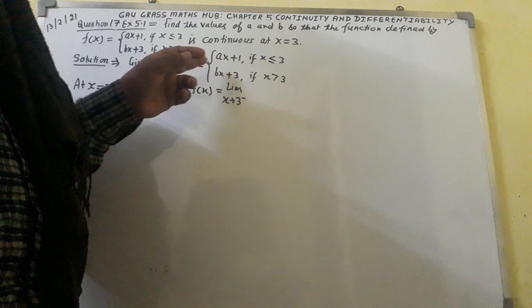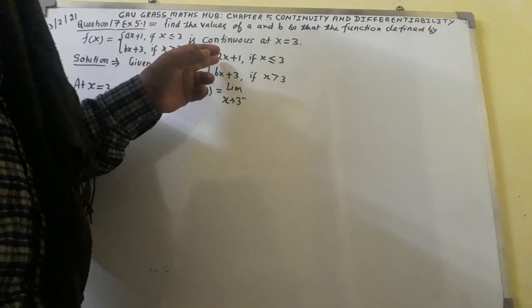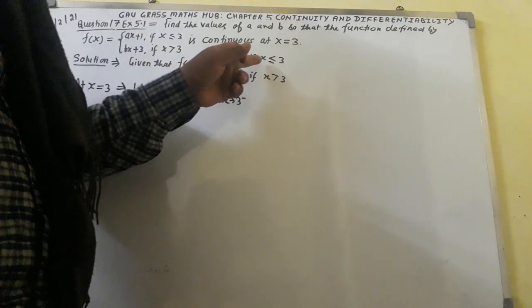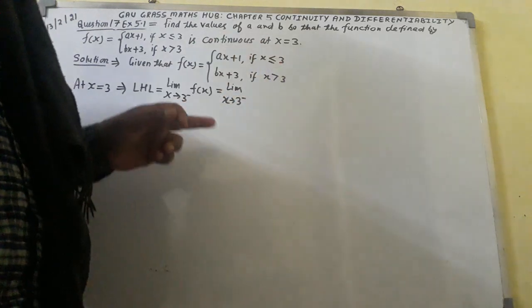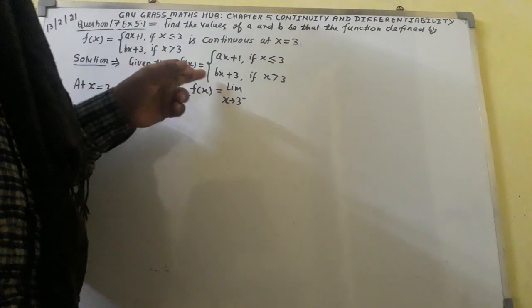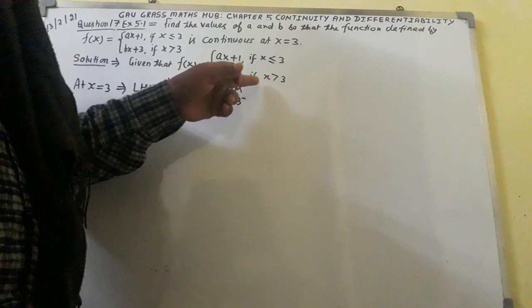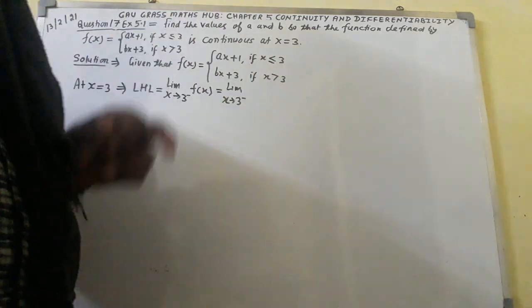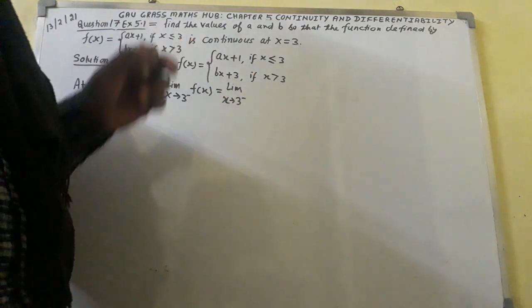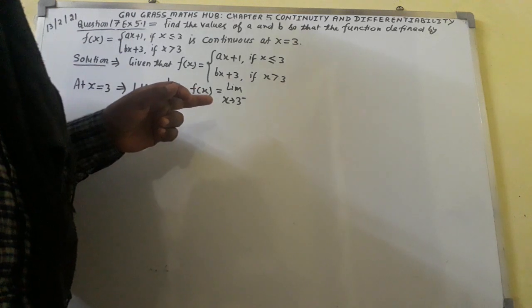Here f of x is equal to ax plus 1 if x is less than or equal to 3, and f of x equal to bx plus 3 if x is greater than 3.